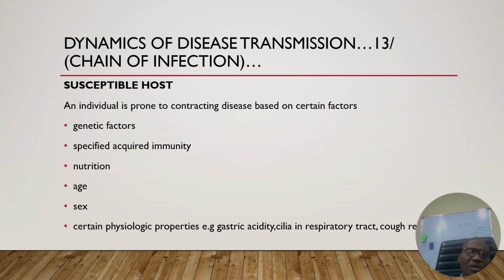There are other factors like nutrition. Persons with poor nutrition might not be able to withstand the entrance of a disease agent in the body. Age: usually at the extremes of age, people are susceptible. There are some diseases also that have a predilection for sex, for men or women.